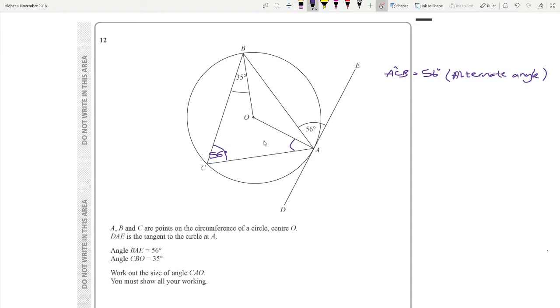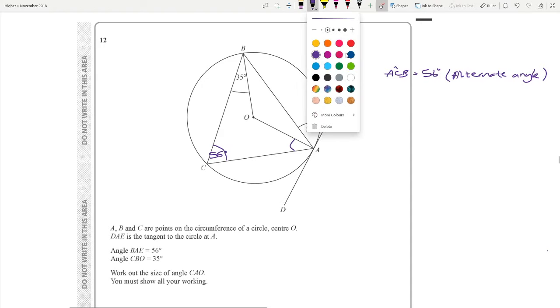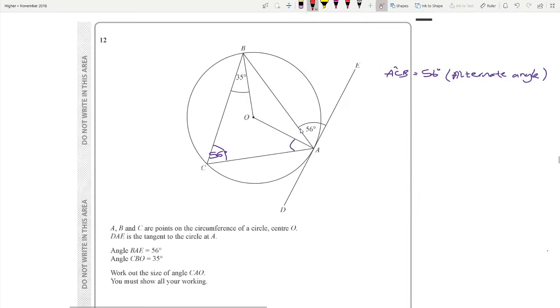Now, as I said, if you didn't spot that, another way you could have got that is as follows. Angle BAO. What's angle BAO? This one here. What can you tell me about this angle?